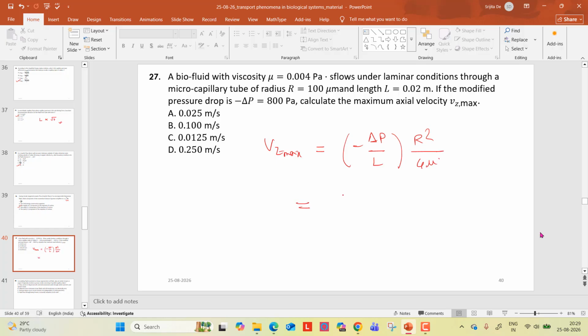So pressure drop is 800, R square is 100 into 10 to the power minus 6 whole square, divided by L is 0.02 into 4 into mu is 0.004. Okay. So what are we getting out of this?